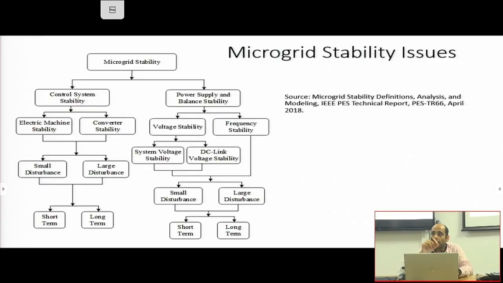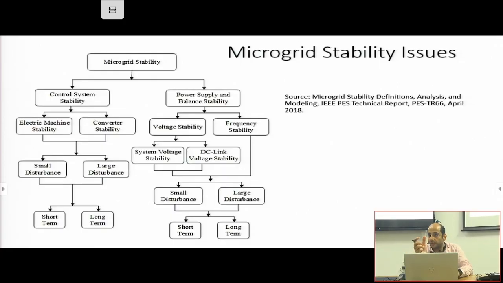Okay. The stability issues are further divided into two categories: short-term duration and long-term duration. Short-term stability means within the period before your controls are active. By the time your controls take action, your system may become unstable.